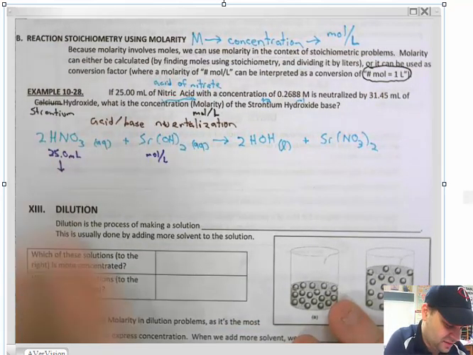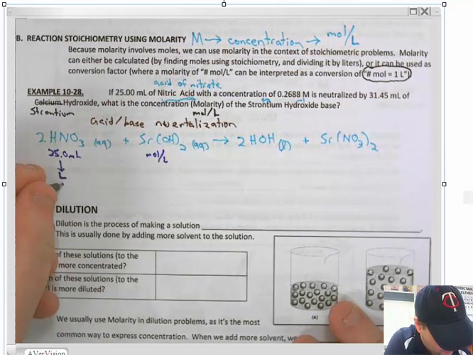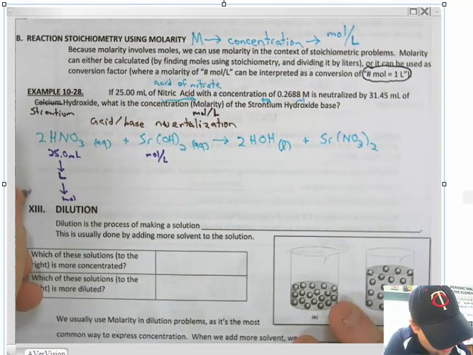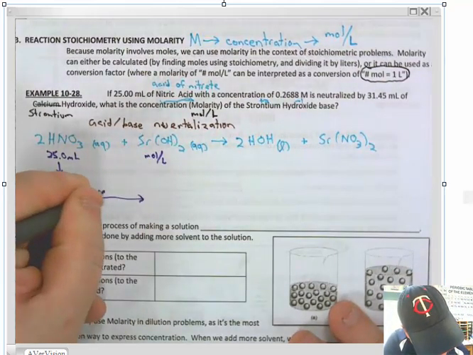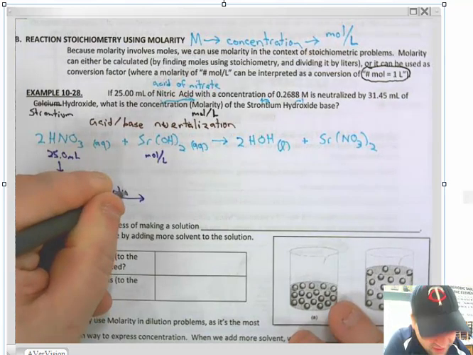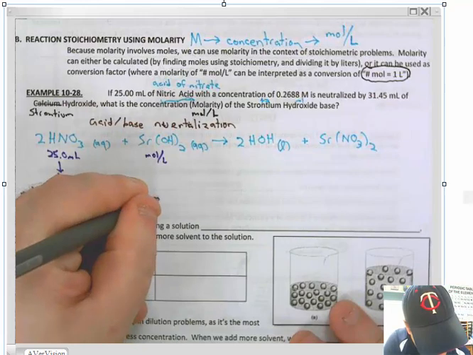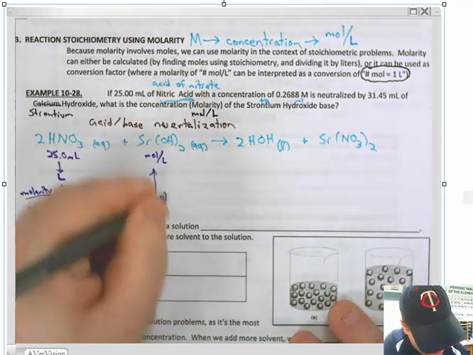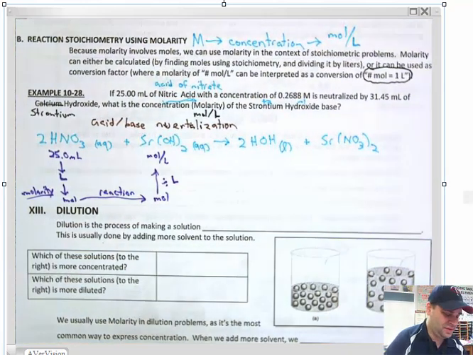I am going to convert that to liters using the metric tape, and then convert that to moles using the molarity. Then I am going to do my wham, wham, wham, wham, which is the reaction, because everybody loves me saying that. Then I'm going to go to moles, and then go to liters by dividing by the liters of solution.